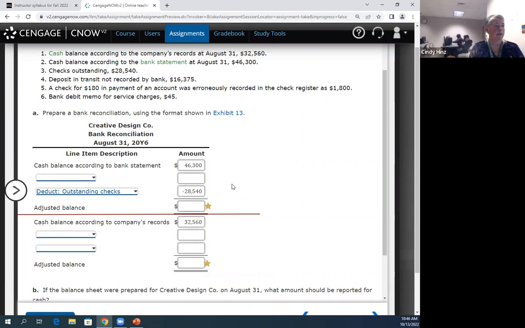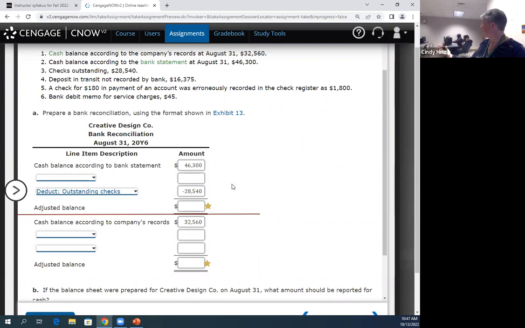Okay. Number 4 says deposit in transit not recorded by bank. So let's say at the close of business, we gathered up all the money. Let's say we have cash registers. We talked about that as a cash control last week. So we took all the money out of the cash registers. The manager prepared the deposit, but it's after business hours for the bank.